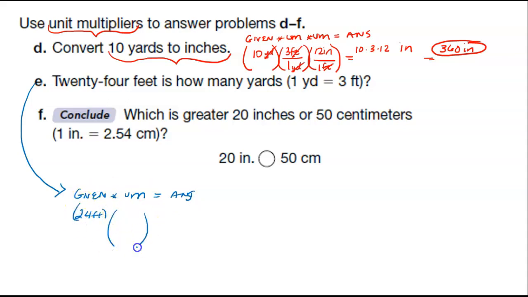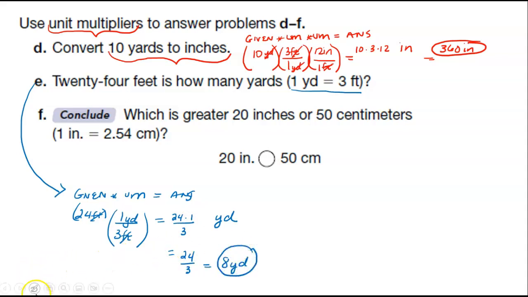My answer needs to be in yards. So I need yards on the top. It says 1 yard is equal to 3 feet. I want yards on the top because that's what I want at the end. Feet over feet is 1. So I have 24 times 1 over 3, which is 24 divided by 3, which is 8 yards.